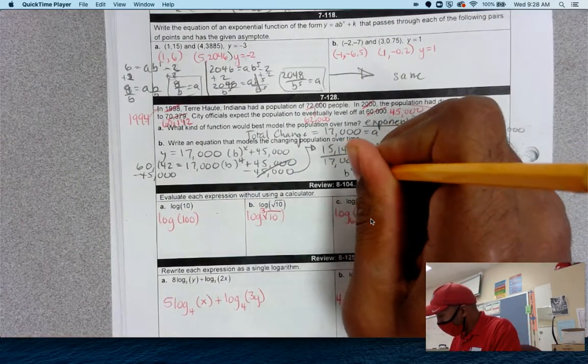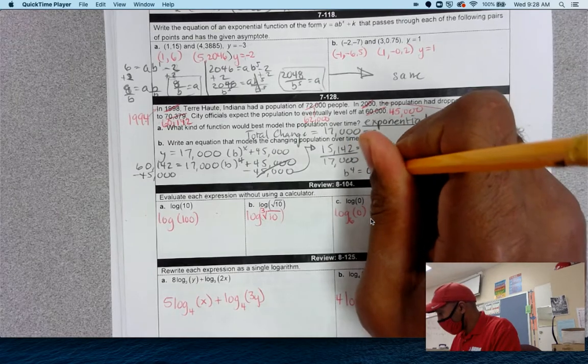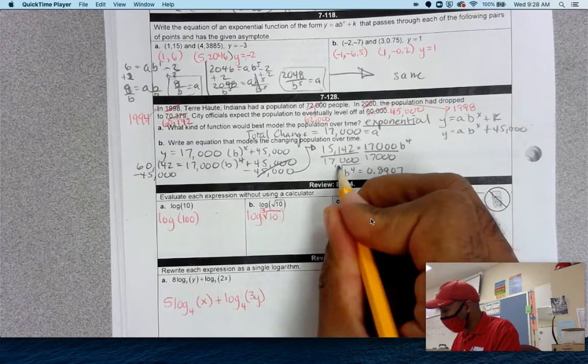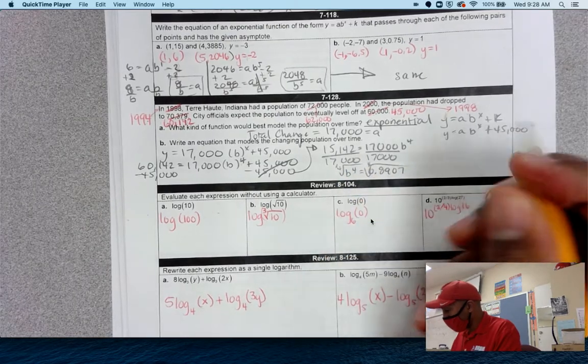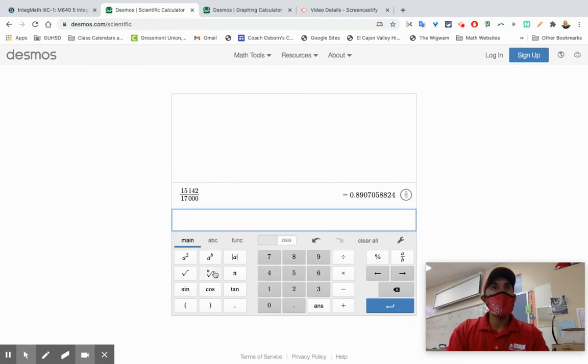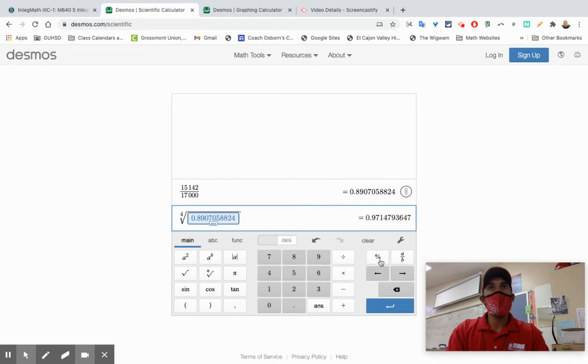So b to the fourth equals 0.8907. Now we take the fourth root to find our b. I'll pull up the new line, fourth root, and press answer so I can get the most accurate answer here. So b is equal to 0.97, and to the nearest thousandth, 0.971.